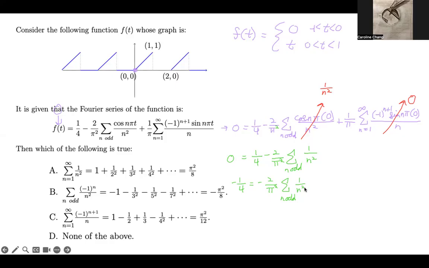And now we can divide both sides by negative 2 over pi squared, which will give us negative 1/4 over negative 2 over pi squared is equal to pi squared over 8, which is subsequently equal to the summation when n is odd of 1 over n squared.